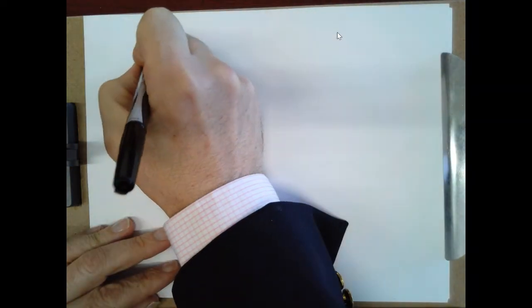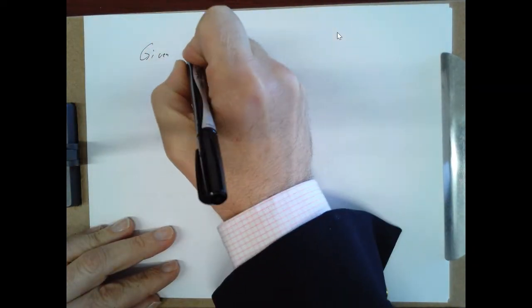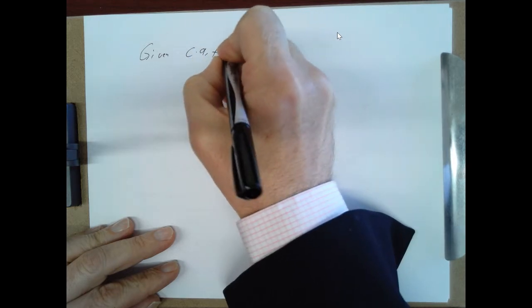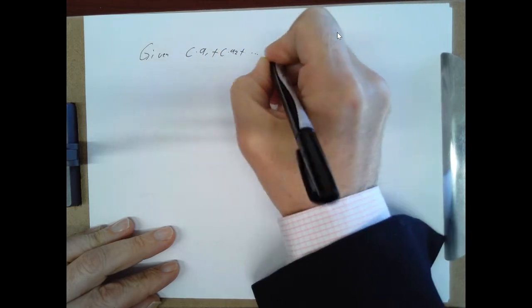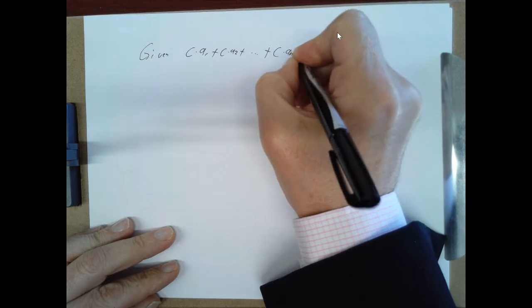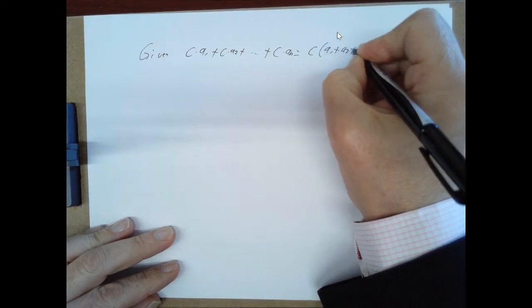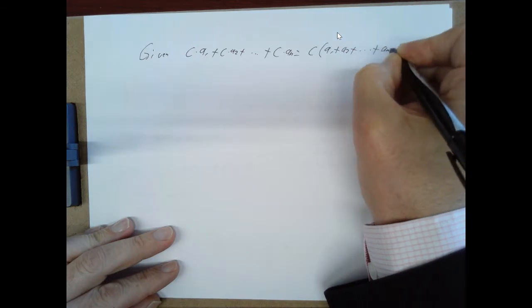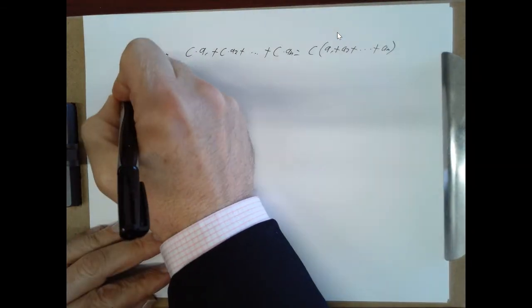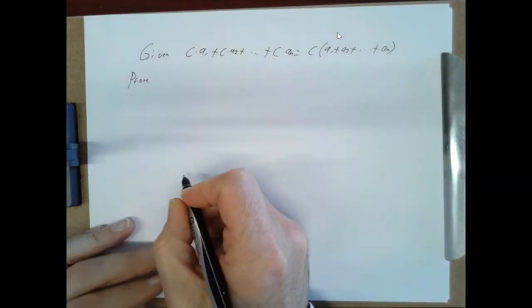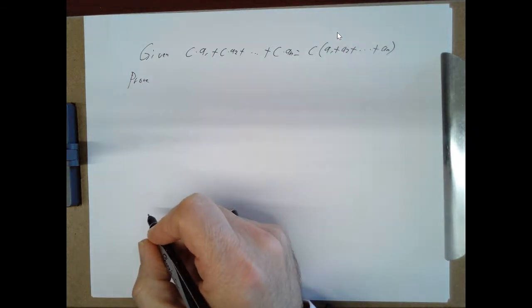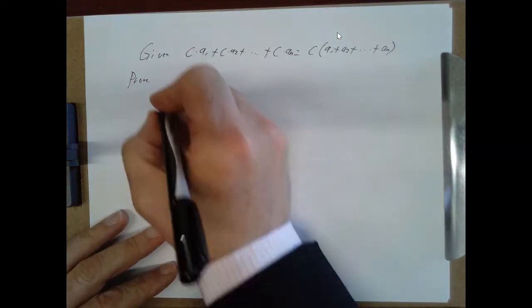Given c times a1 plus c times a2 plus up to c times an equals all of this, prove that if we go up to n plus 1, we still get this equality.